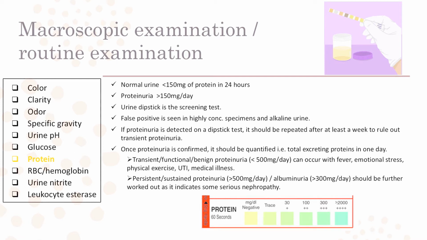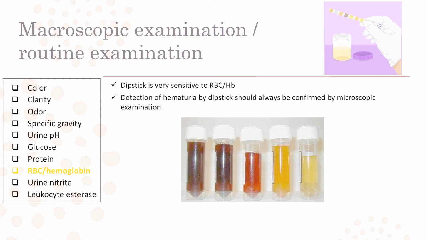It does not require any further investigations, whereas we call it sustained or persistent proteinuria whenever the levels are greater than 500 mg per day, or when, on repeating the test after 1 week, it is positive once again. So we call that persistent proteinuria. It requires further investigations.